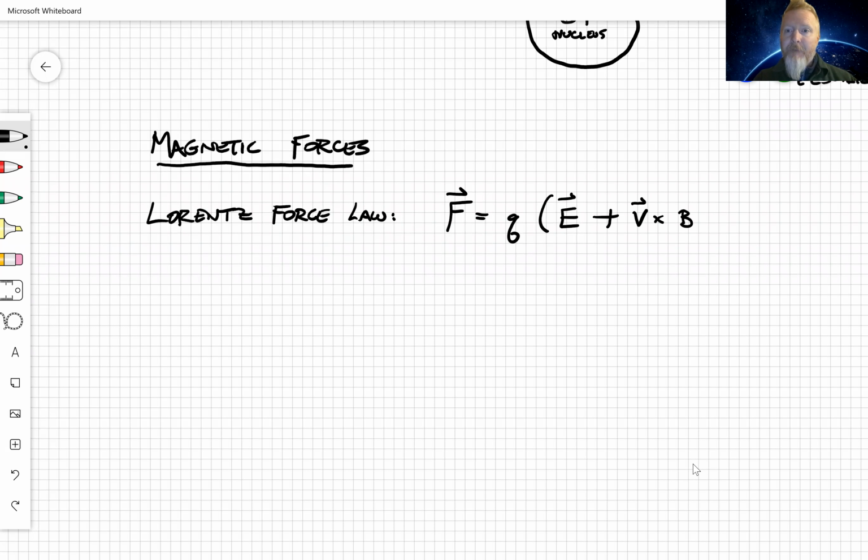Now, if the thing is moving and it's in a magnetic field, well, now we've got to deal with this term. All right, so E and B are external fields. I'm just going to note that there is no self field.